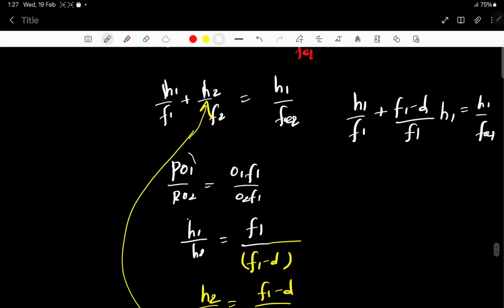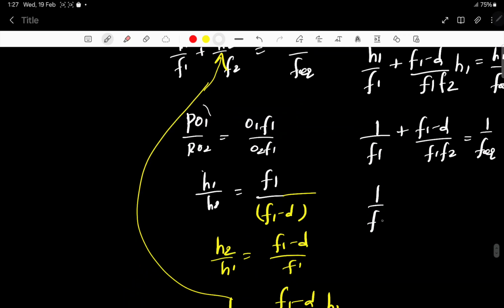On simplifying, I can take H1 as a common factor and cancel it off. So 1 by F1 plus F1 minus D by F1 F2 equals 1 by F equivalent.